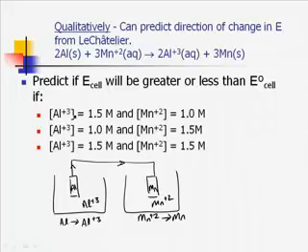So let's think about what's going to happen if the concentration of the aluminum ions is increased. So that's this one right here. If I increase that one, what's it going to do? It's going to shift it back in that direction, back towards the reactants, which is basically going to decrease my cell potential.